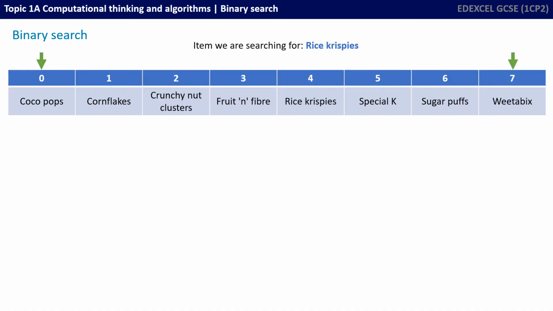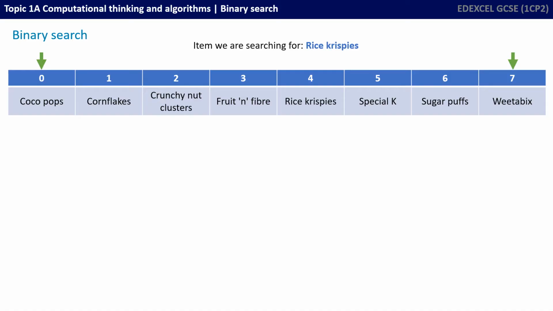In a similar way, if the item you're looking for is greater than the item at the midpoint, you can disregard all the items to the left of the midpoint and repeat the algorithm only on the right half of the list. In doing so, you are disregarding half of the items in the list each time.